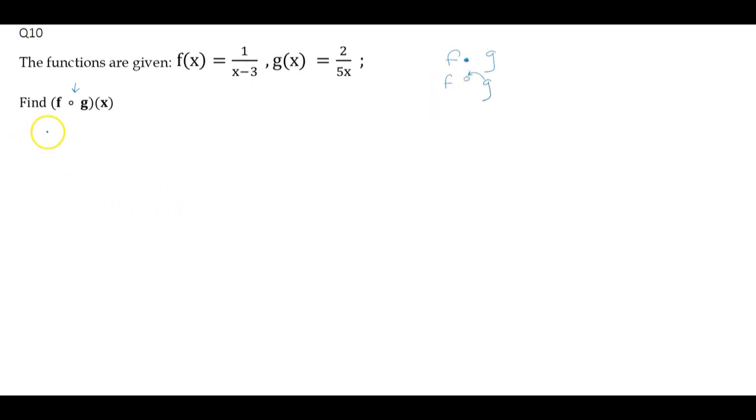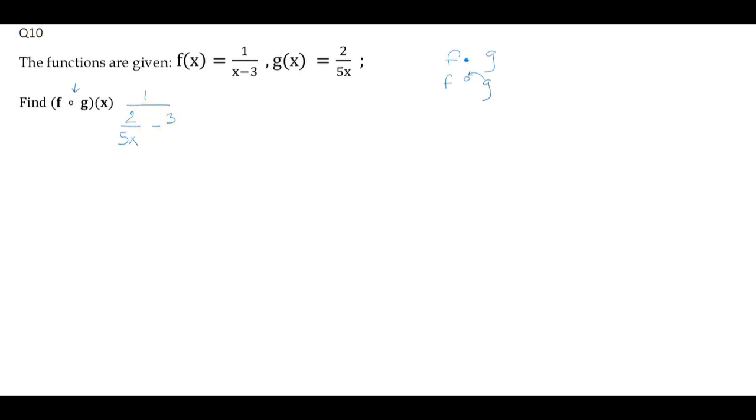So I'm going to rewrite it, and I have that 1 over, remember, g into the x of f, so the whole g function is going to be substituting x, so it's going to be 2 over 5x minus 3.